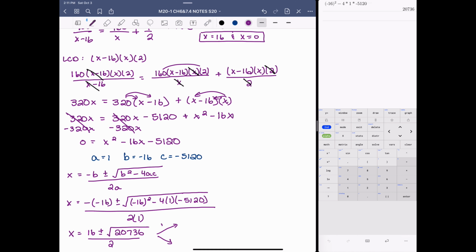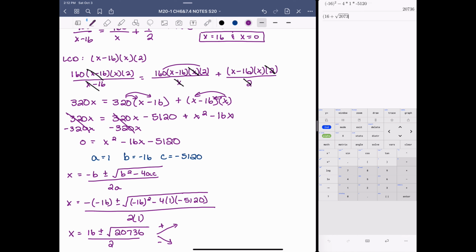Starting with the plus, I want brackets around my numerator. Bracket 16 plus the square root of 20,736. Then I want to close the bracket. I'm going to move over so I'm outside my square root, then close the bracket, then divide by 2, and we get 80. And then if we go back up and alter that equation to have 16 minus, we get negative 64.